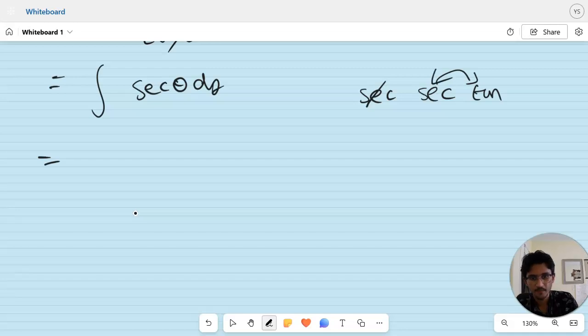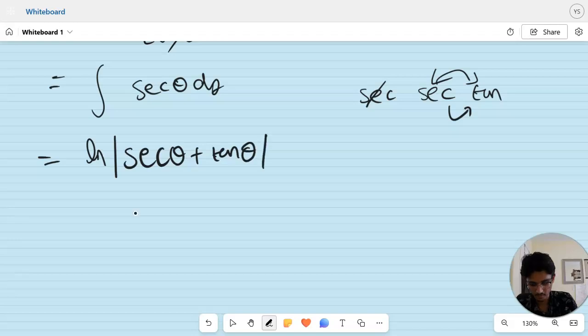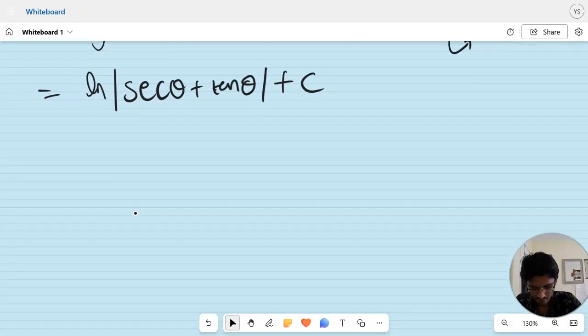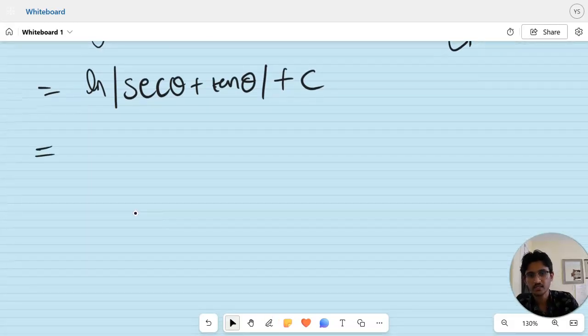But remember, when taking the integral of secant, the natural log comes in, and we're going to do natural log of the absolute value of secant theta plus tangent theta, plus c.